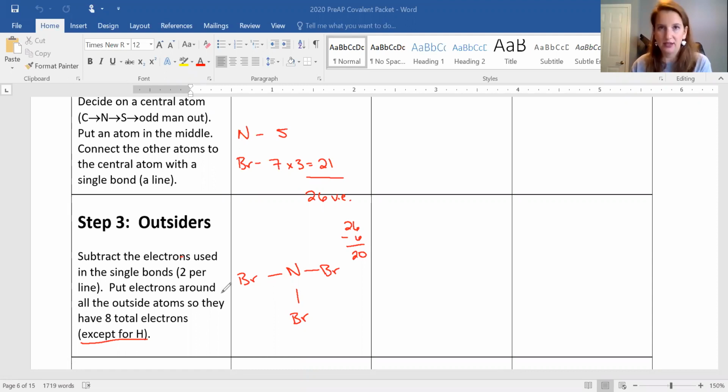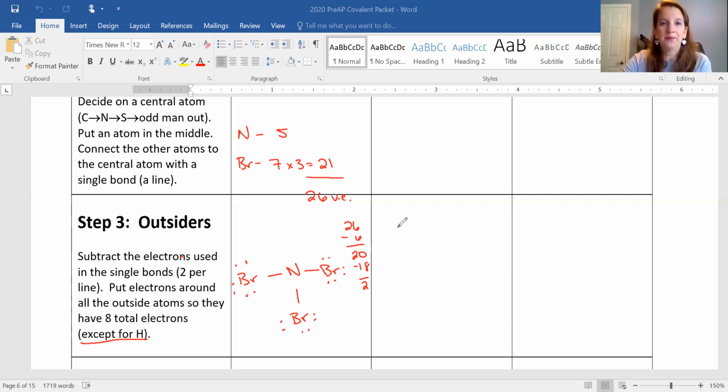Hydrogen will never get a dot, because once you connect hydrogen to a line, it already has its 2 valence electrons and is at a stable configuration. Each of our bromines currently has just 2 electrons, so we need to add 6 more dots to each bromine. Notice I'm going to do this 2 on each side to get each bromine up to 8. That means I've drawn 2, 4, 6, 8, 10, 12, 14, 16, 18 electrons, and I subtract that from my total. That means I have 2 left.